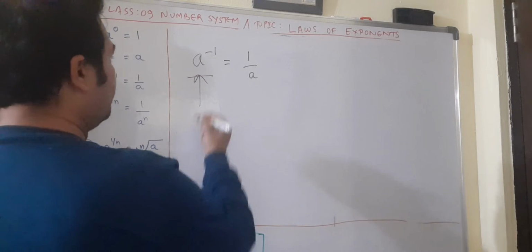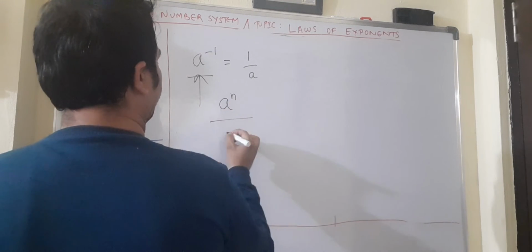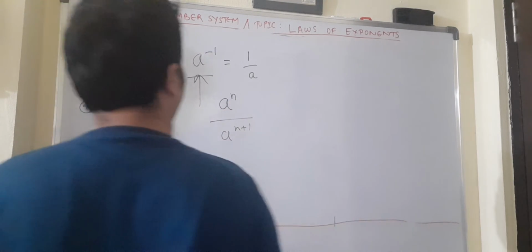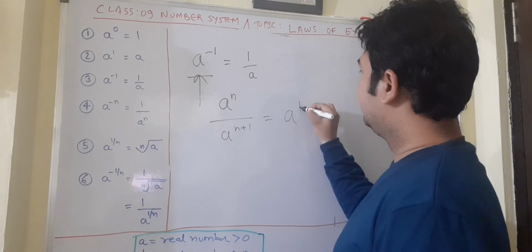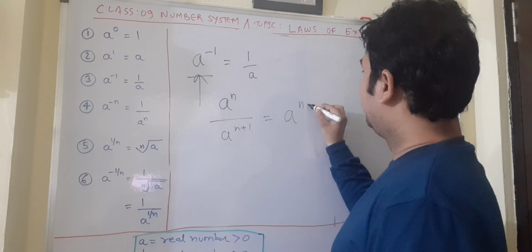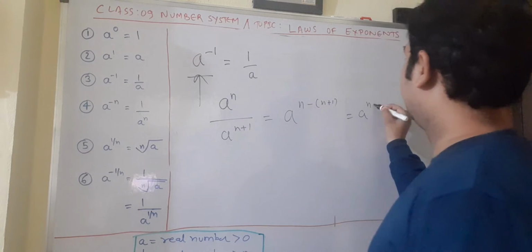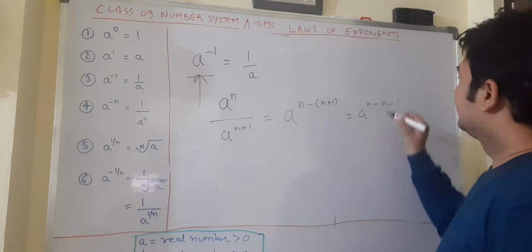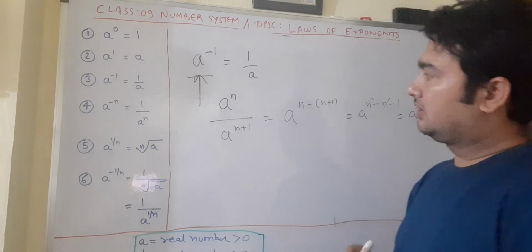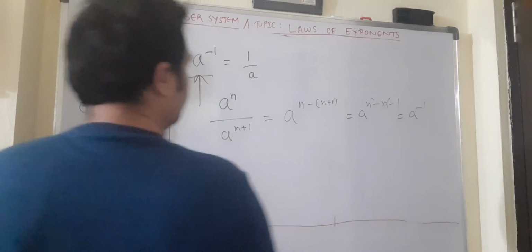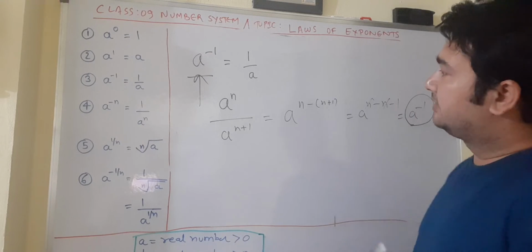If we divide a to the power n by a to the power n plus 1, as per the law of exponents you have studied, it will be n minus (n plus 1). You will get a to the power n minus n minus 1, and n will get cancelled and you will have a to the power minus 1. So you have obtained a to the power minus 1 from this.